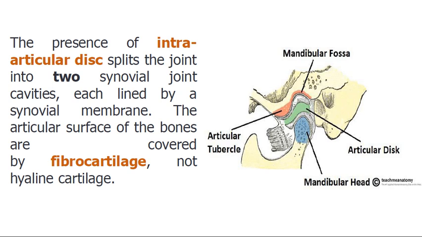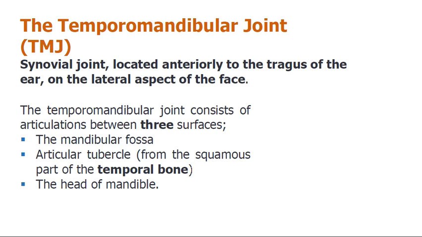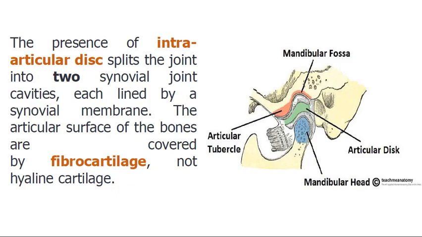And the third part of the articulation is the head of the mandible, as seen here in the blue color. These three bony landmarks are the articulating surfaces of the T.M. joint.